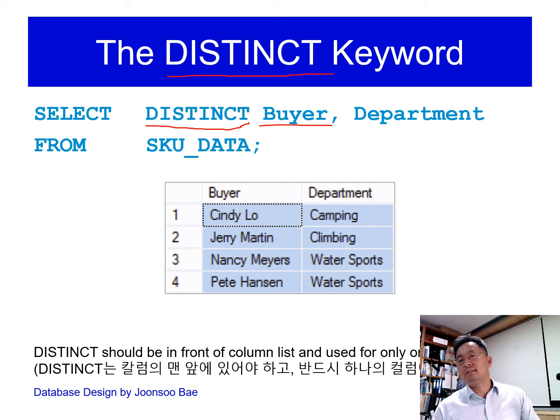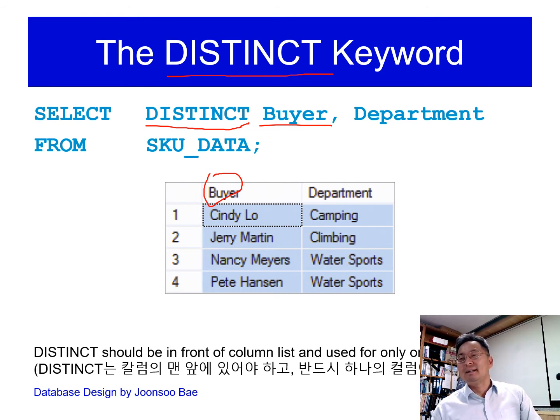Without this distinct, there were 8 rows in the previous slide, but there was some duplicate data in the buyer column. If you add the distinct keyword before the buyer column, then there is no duplicate data in the buyer column, as you can see here. So Cindy Law, Jerry Martin, Nancy Meyer, Peter Hansen, every data is distinct.